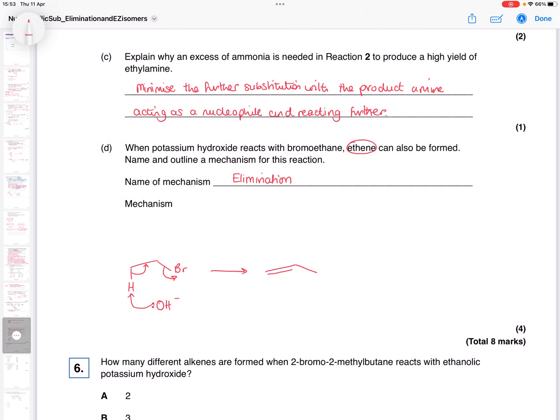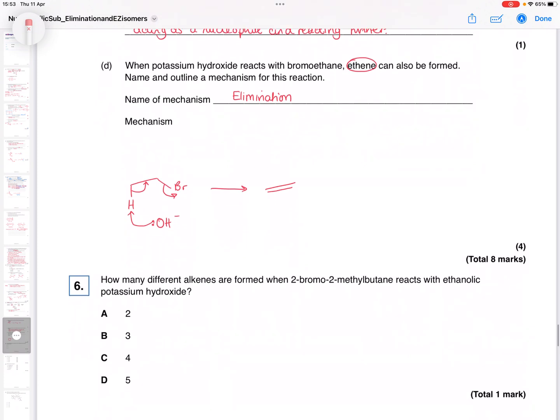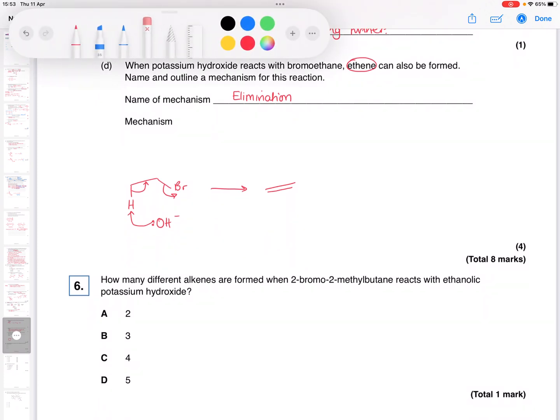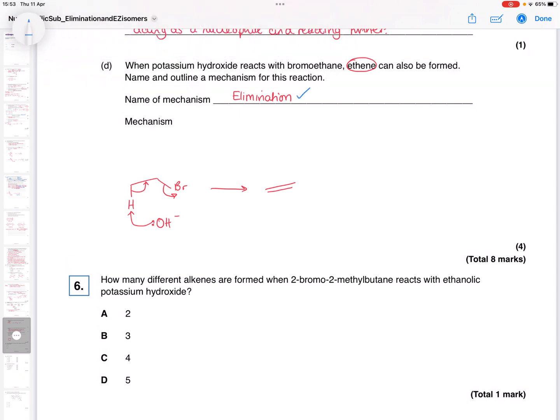Oh, hang on a minute. I've drawn propene. I thought something had gone wrong there. We'll just make our alkene. It's just ethene that's been formed there. I made propene. That's better. So in terms of marks there, we've got 1 for saying elimination. And then we've got 1, 2, 3 for each of the arrows.